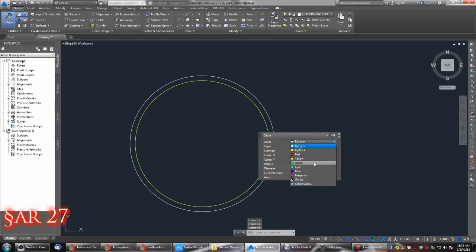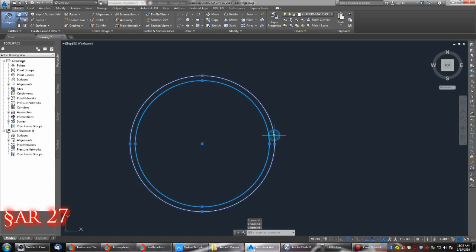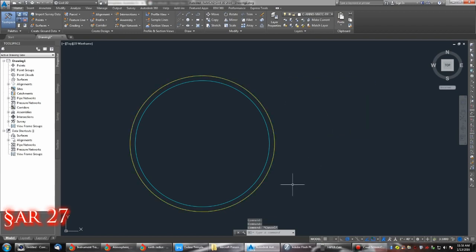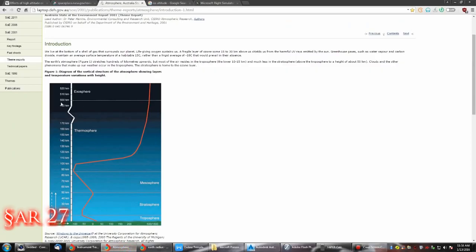Change it to blue. Cyan to represent the ball Earth. And this one I'm going to change to, I don't know, yellow. Let's just do yellow. And to verify that, we have the 500. This represents the ground to the end of the thermosphere.